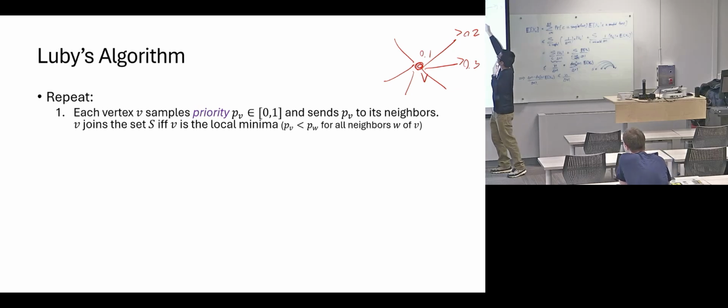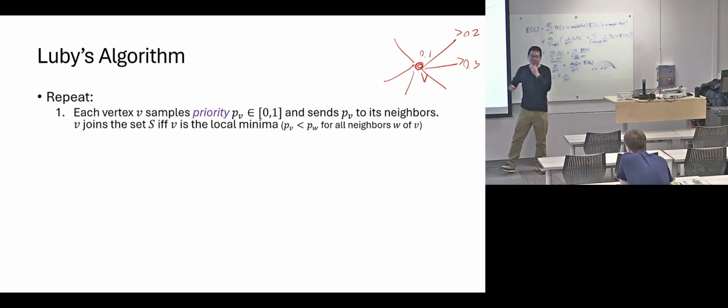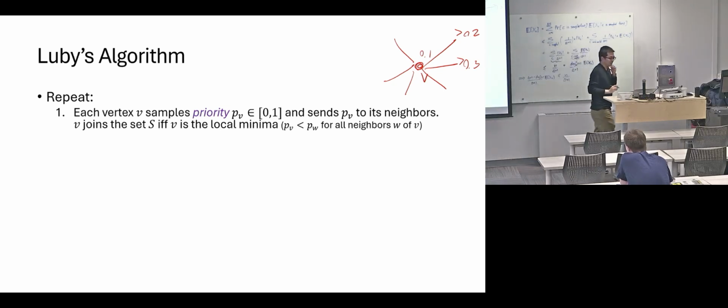And you know that if V is a local minimum, then none of the neighbors is a local minimum, because V is smaller than the neighbors. So you know that if you put V into the set, then it's going to be independent from its neighbors. The neighbors are not included into S for sure.